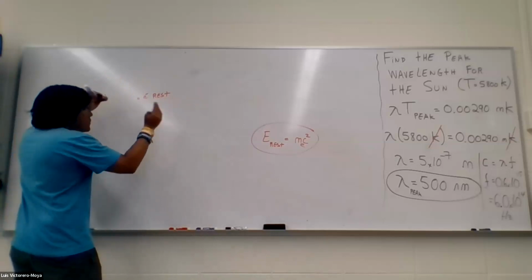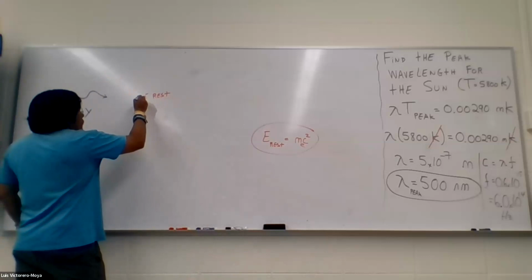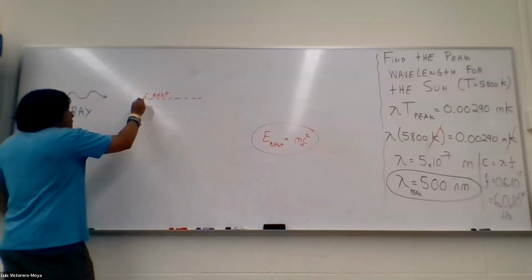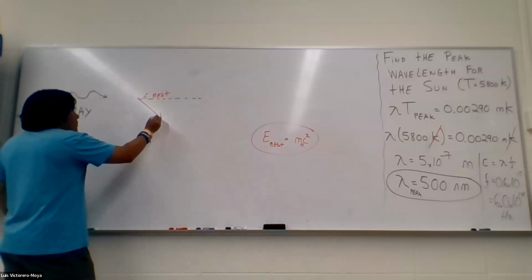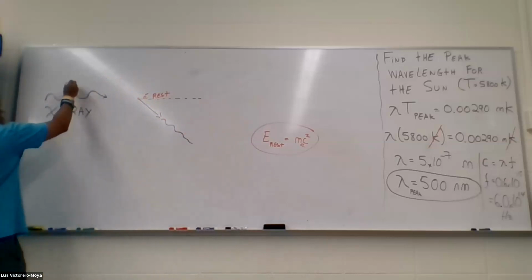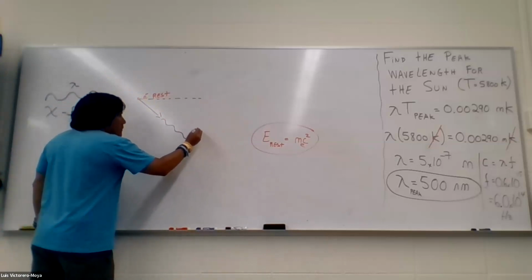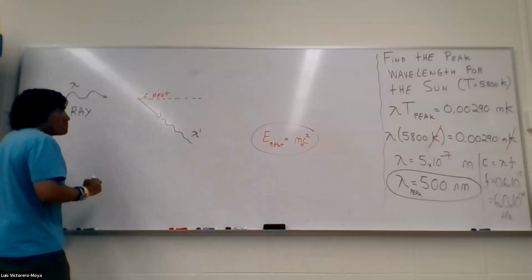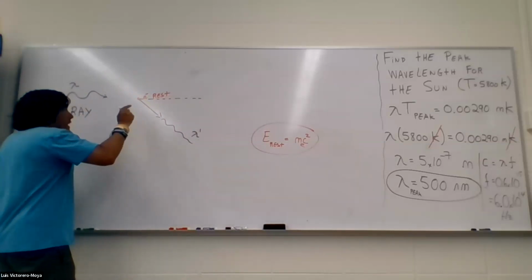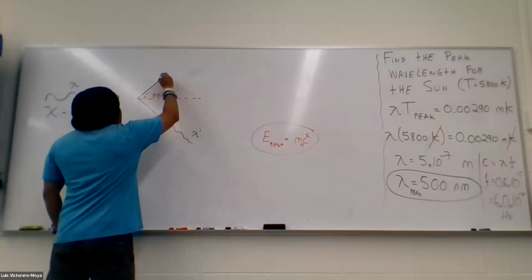So when this collides with this, the X-ray will continue like this. This is some lambda. The wavelength will change to lambda prime because it's losing energy, but that energy is given to the electron, which is scattered.